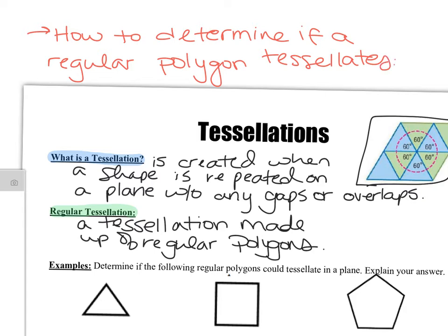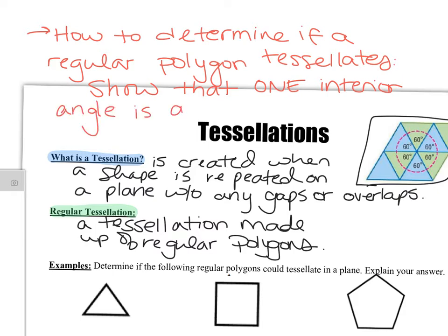To determine if a regular polygon tessellates, all I have to do is show that one interior angle is a factor of 360.